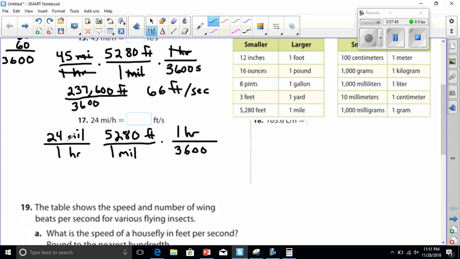Well, let's scratch out the things that are alike. We got the miles here. We also have the hours here. And now we have the feet per second. Remember, this was seconds down here. All right, so we got 5,280 times 24.